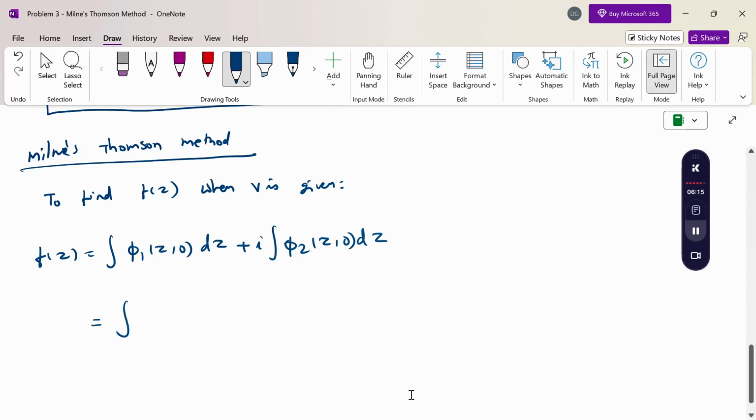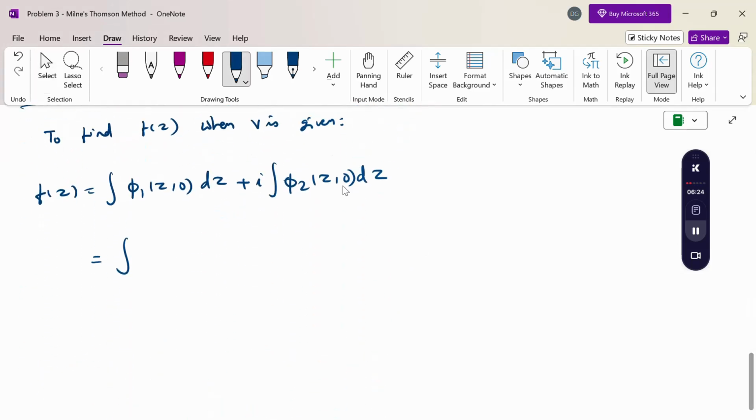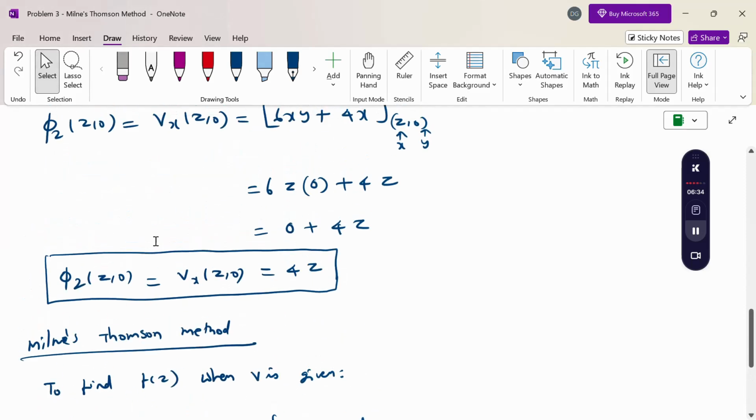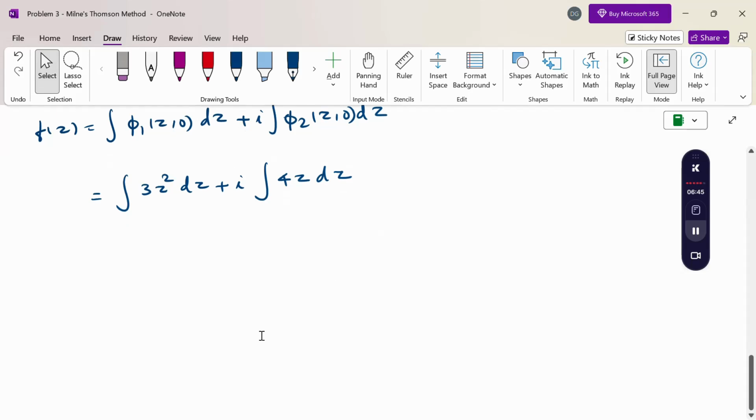So we substitute the phi 1 value, 3z square dz, plus i into integral of the phi 2 value, 4z dz. Now integration with respect to z.